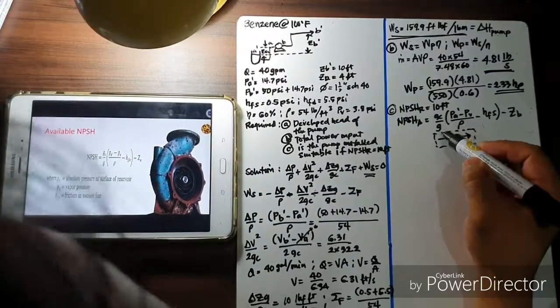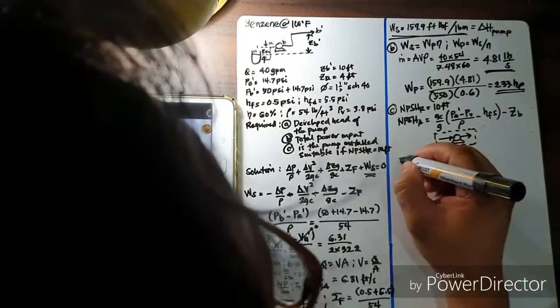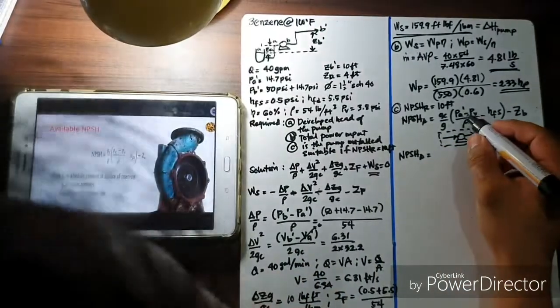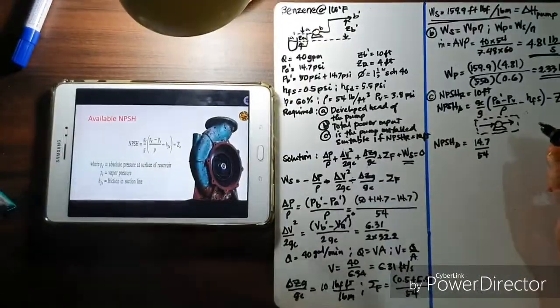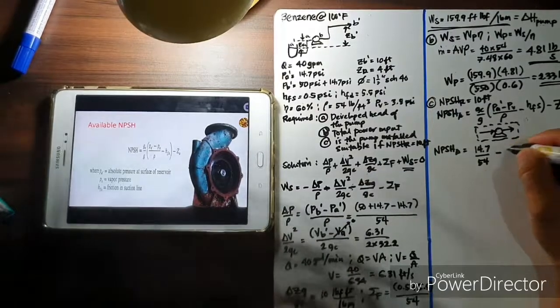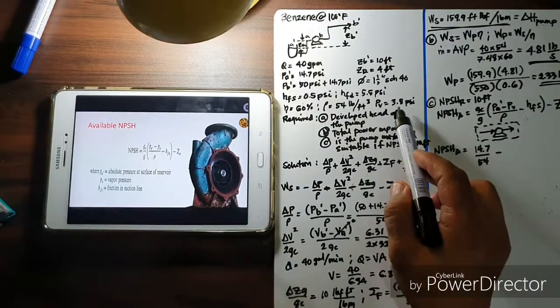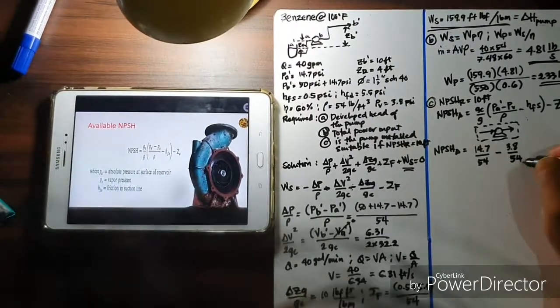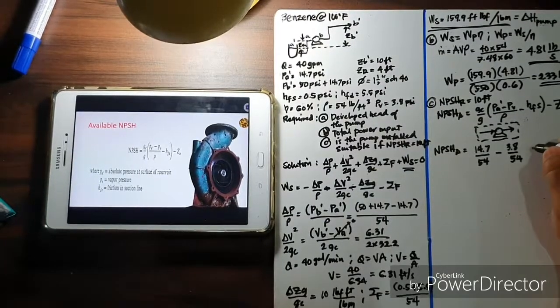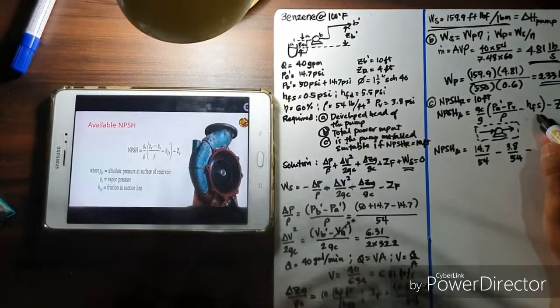So let's continue. Remember, gc over g is equivalent to 1. Then your NPSHA is equivalent to PA prime, which is 14.7, divided by the density, which is 54, minus PB, which is the vapor pressure given as 3.8, divided by 54 also, minus HFS.